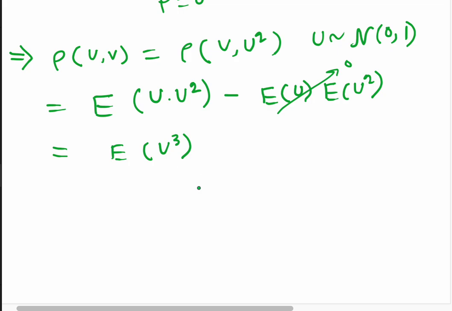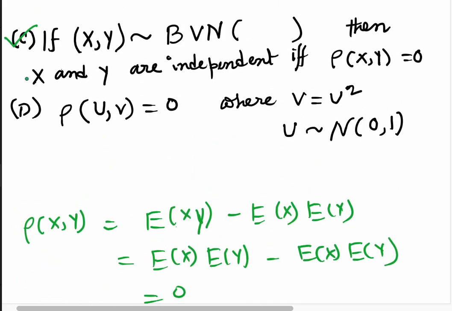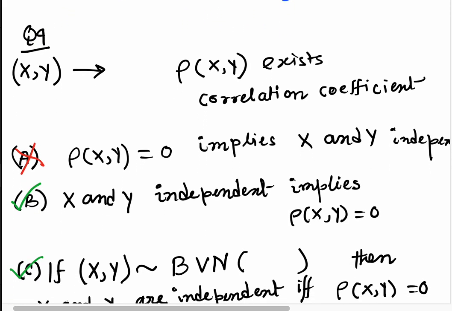You already know that this normal distribution is symmetric about the 0 point. The expectation of U cubed is the integral from minus infinity to plus infinity of u cubed times the normal density du. This is an odd function, so the integral over minus infinity to plus infinity is 0. So rho(U, V) is 0, which means the fourth option is also true. Now this is a question we have already solved.